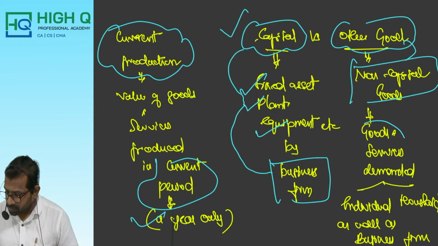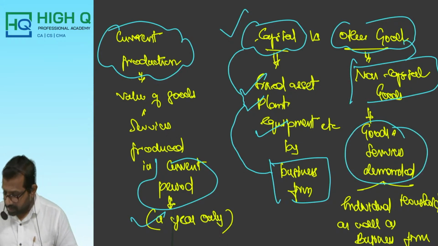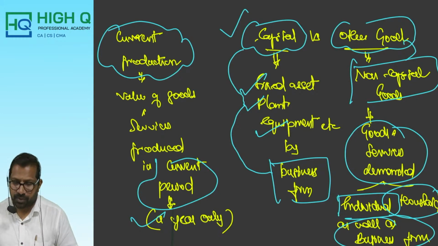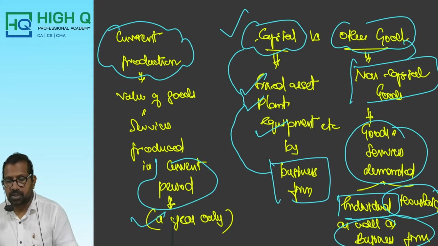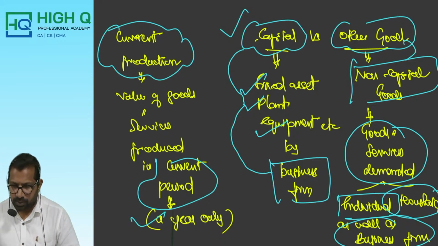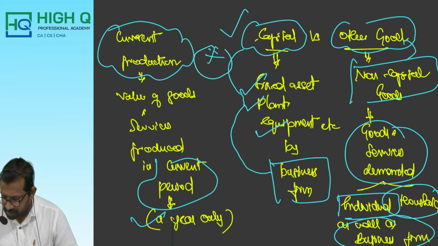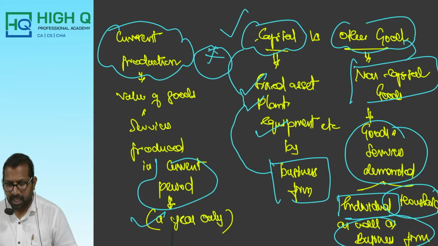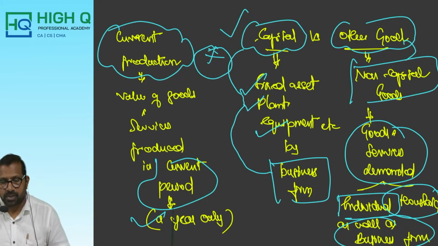Non-capital goods means goods and services demanded either by an individual or household as well as a business firm. Other than capital goods is called non-capital goods. This part is very important to analyze the difference between capital goods and non-capital goods, which types of goods come under the category of capital, and for what purpose we can call the non-capital goods or other goods.